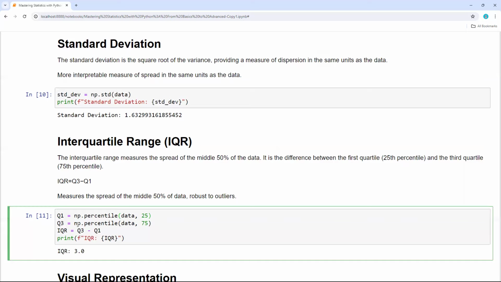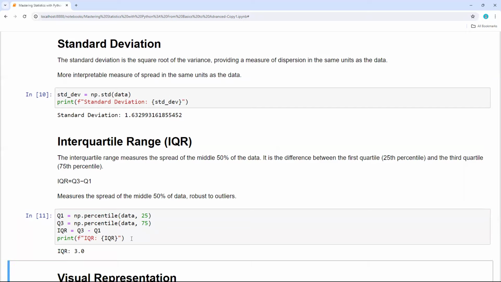Then Q3 is np.percentile of data comma 75, the 75th percentile. The difference between the 75th and 25th percentile will give me the middle 50% of the data, and that is my interquartile range.